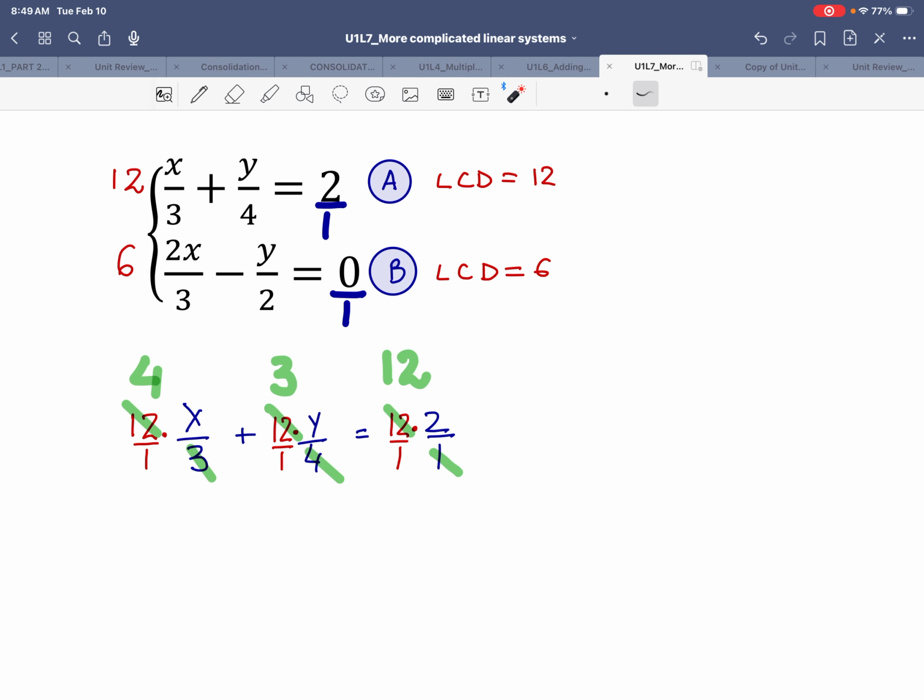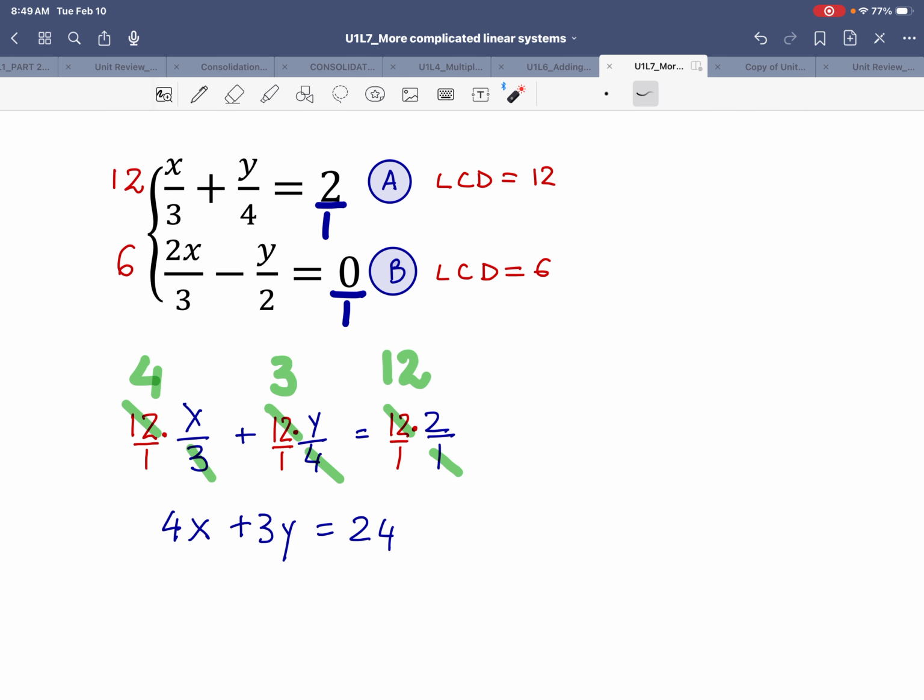So instead of 12 over 3, we're going to have 4 times x. Instead of 12 over 1, y over 4, we're going to have, instead of 12 over 4, 3 times y. And down here, we're going to have 12 times 2, so that is 24. So you see, we created the equation with no fractions.